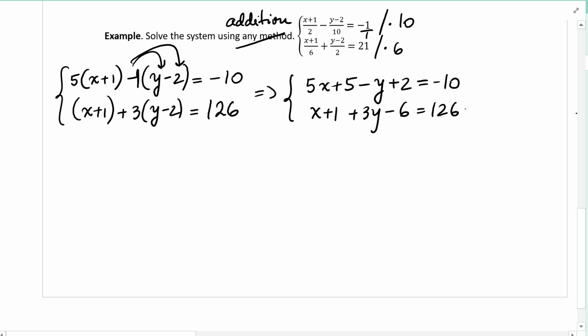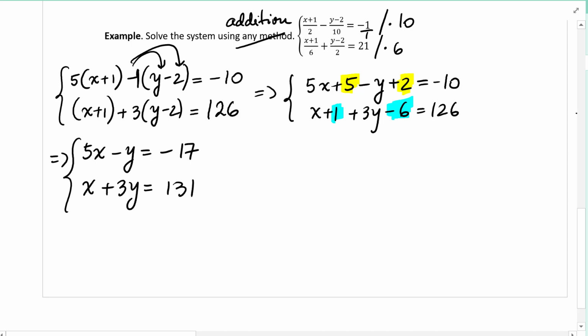So add like terms, we do have these two, and move them to the other side. So we get 5x minus y equals negative 17. And in this case, we have 1 minus 6. So x plus 3y equals 126 plus 5, which is 131.